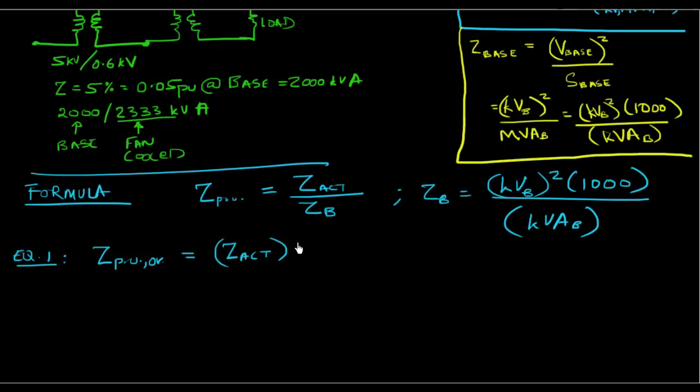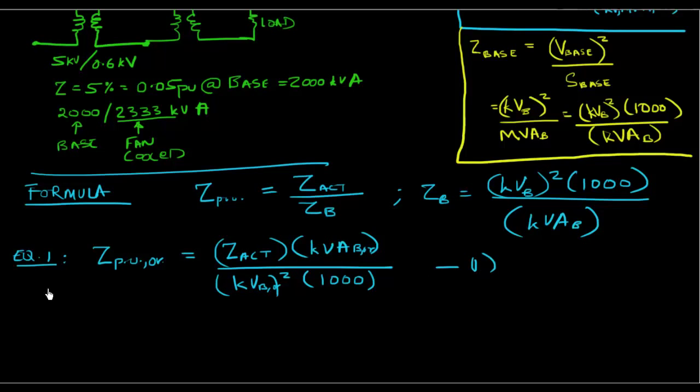Z base is in the denominator, so here this will become kVA base, just turning this upside down, over kV base squared times 1000. What I'm going to add here is the OR and the OR, right? So then that is basically telling me this is the original power base and the original voltage base. And that becomes my equation 1.